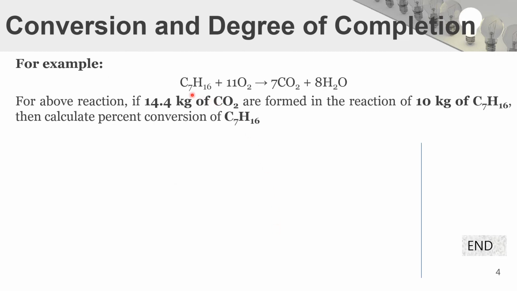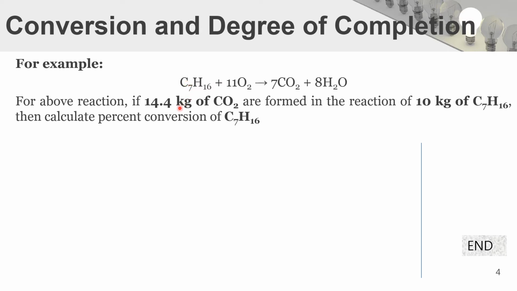It is the same equation that we have used in previous examples, but now we changed the data a little bit. For example, here we see that 14.4 kilogram of carbon dioxide is produced after the completion of the reaction, while we provided 10 kilogram of C7H16 before starting the experiment or the setup.